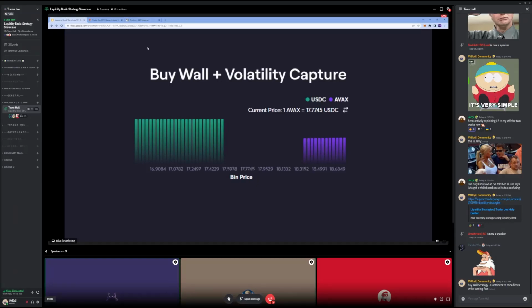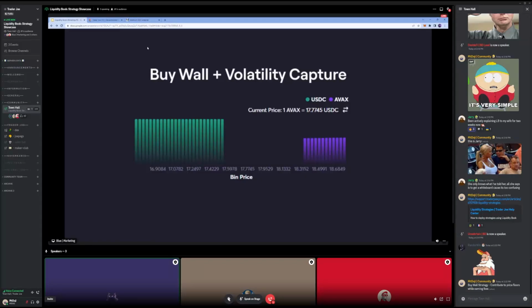So this is when, as I said, I've seen some community members share their thesis around certain tokens that have a range within, let's just say we've got the example here, USDC and AVAX, about 17 as the support, and then it ranges up to, in this example, just short of 19.